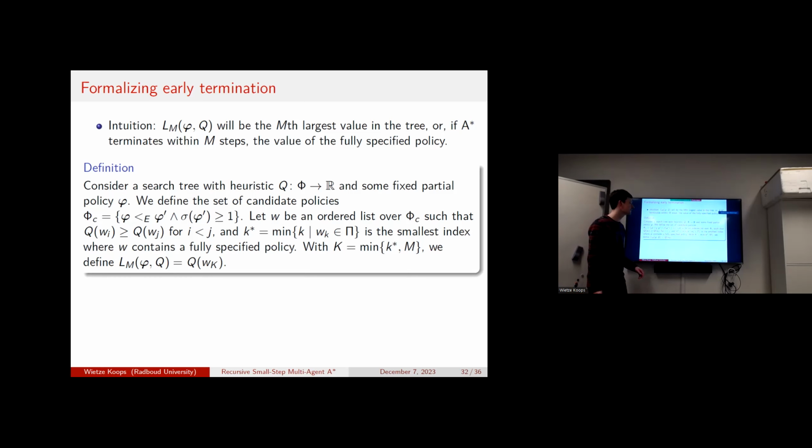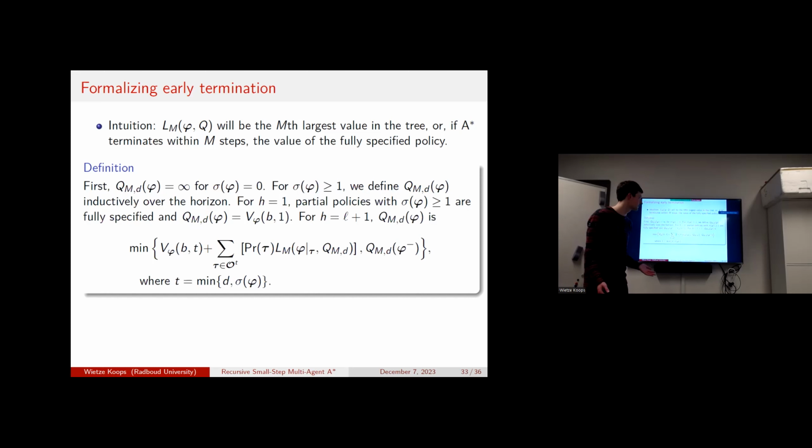Except that you might have already found a fully specified policy before you reach the nth value. Well, then it's that value. So yeah, that's the details of the early termination. If you keep this intuition in mind, it's actually just the nth largest value in the search tree. Or if the A star search is terminated earlier, then of course it's just the value of the A star search.